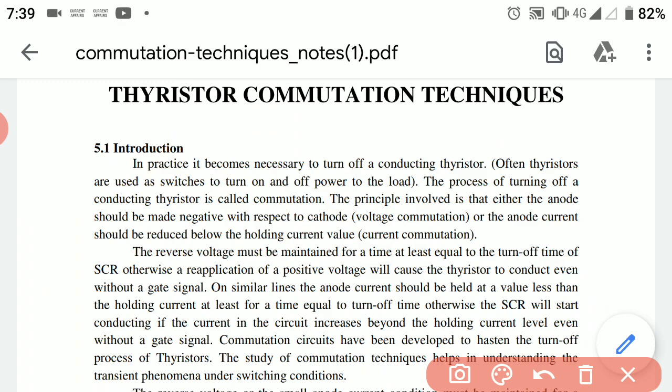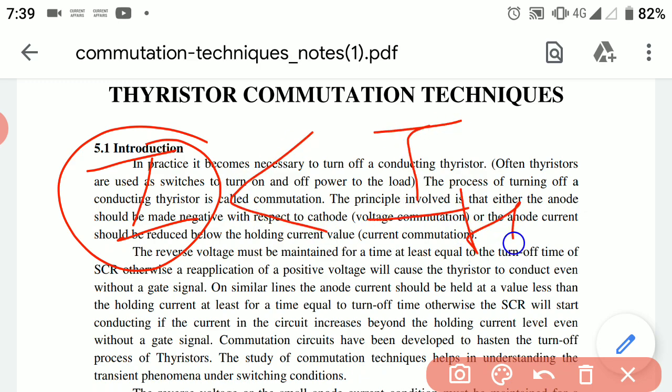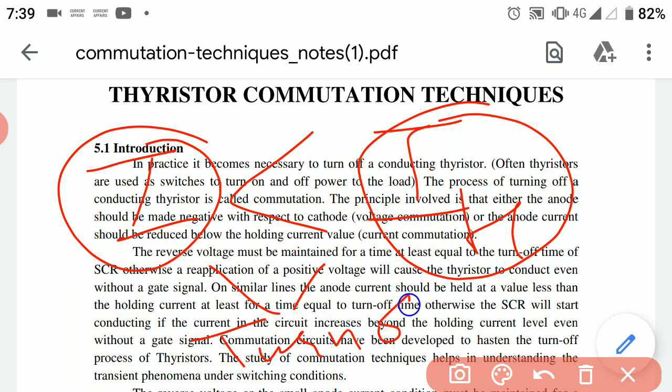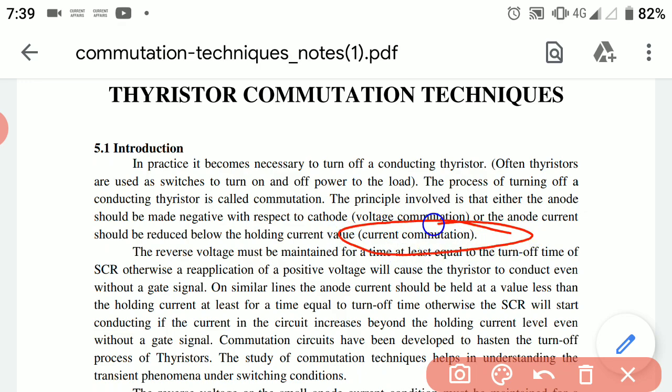That is, if the current through the thyristor is less than holding current, then the thyristor will automatically turn off. And in this turn off method, we are actually using the current values, so it is known as current commutation.